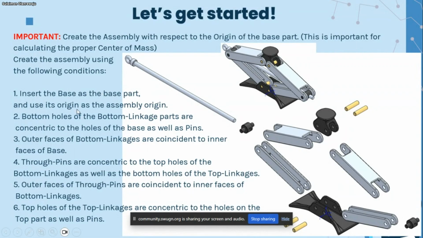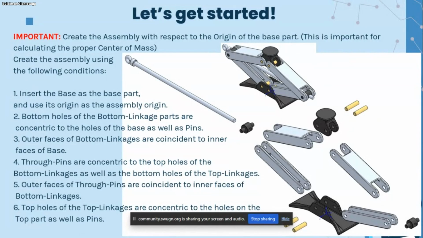Then use its origin as the assembly origin. That means you have to introduce a relation between the origin of the base part and the origin of the assembly environment. As I said earlier, the origin of the assembly is 0, 0, 0, and the base part has the same value.